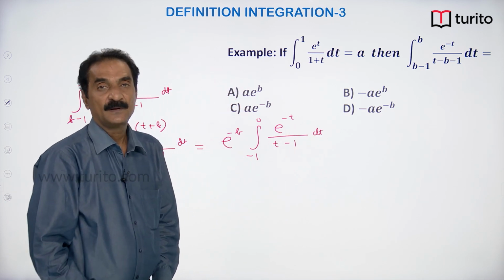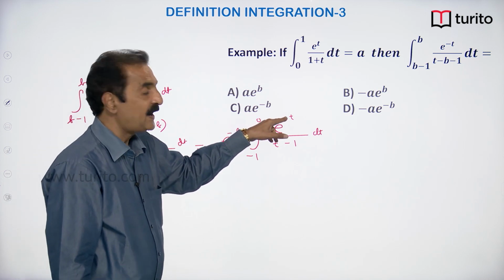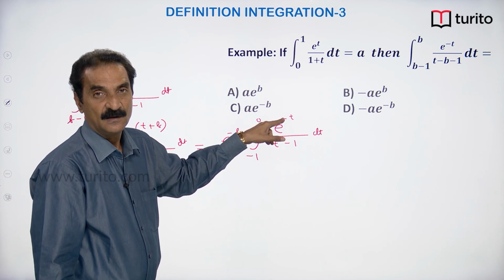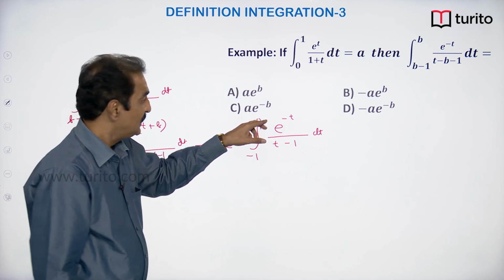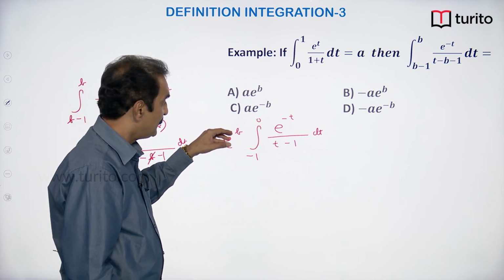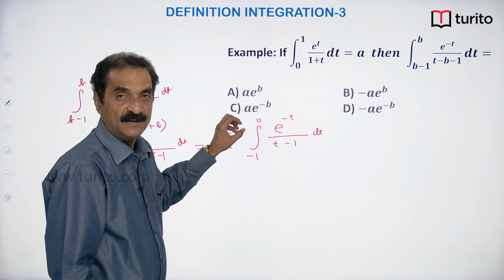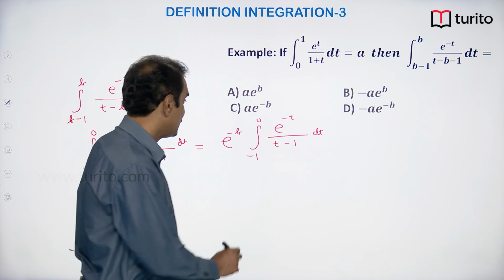Okay. Now, if I want to divide t by minus 1, then I should multiply the limits by minus 1 and divide the integral by minus 1.